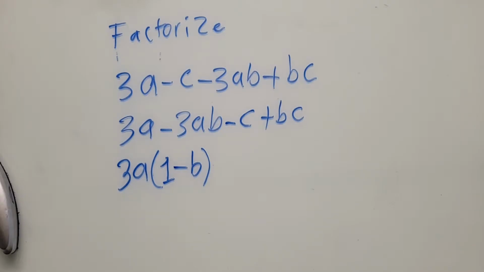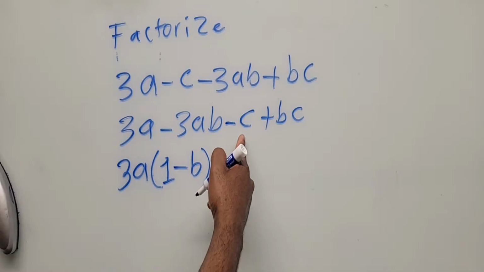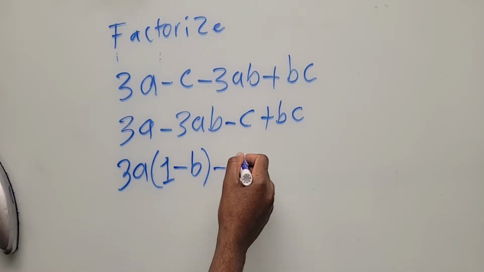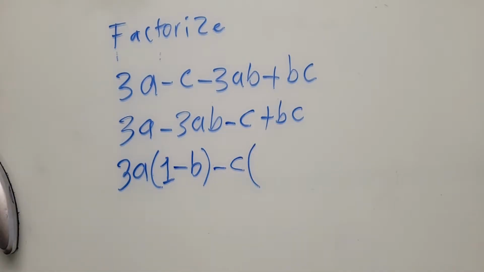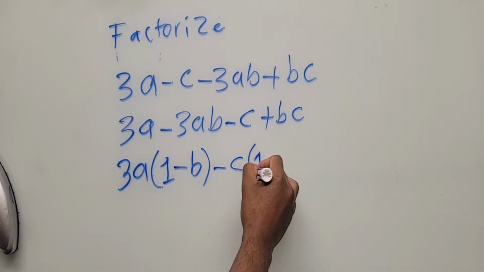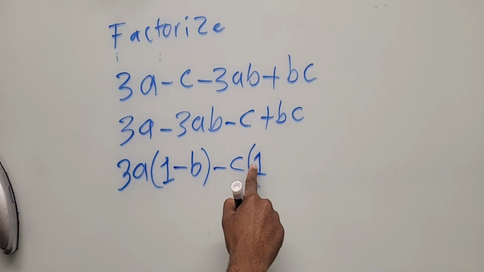So we can factor out negative c here. If I factor out negative c, I will need 1 inside here so that when I multiply negative c by 1, I still get back my negative c.